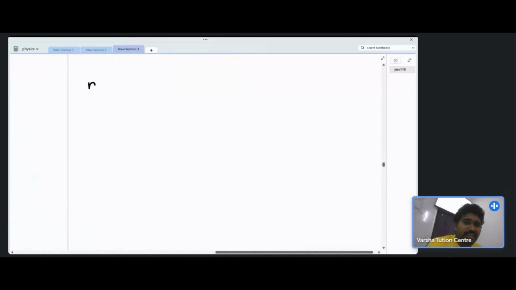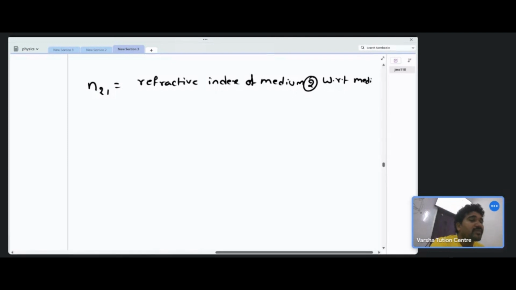What is n21? Understand first: n21 is the refractive index of medium 2 with respect to medium 1.